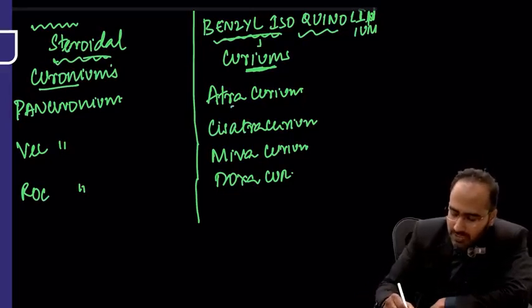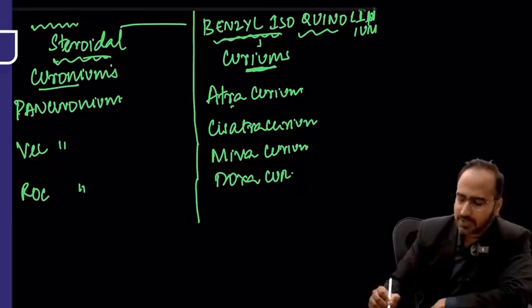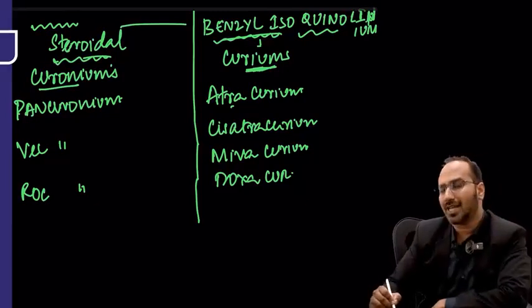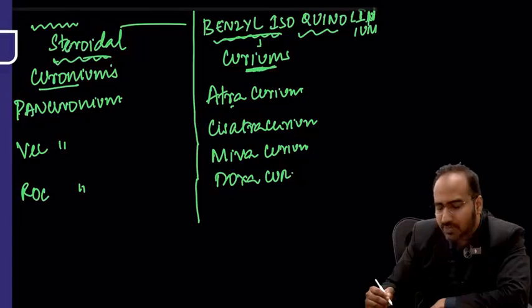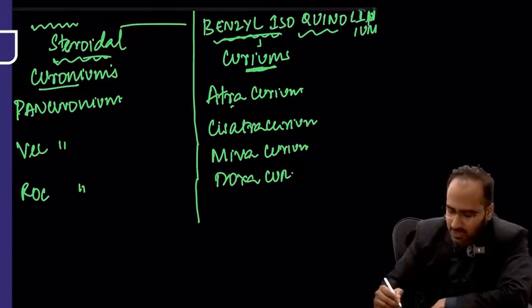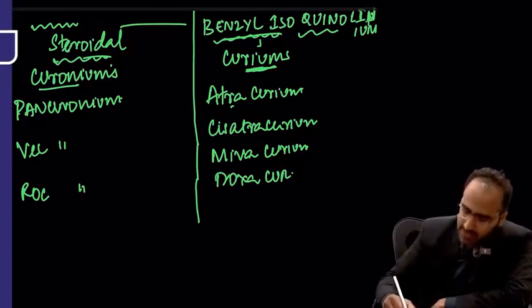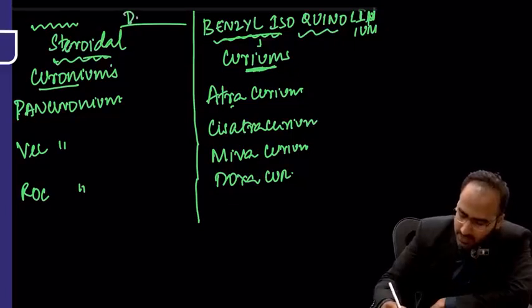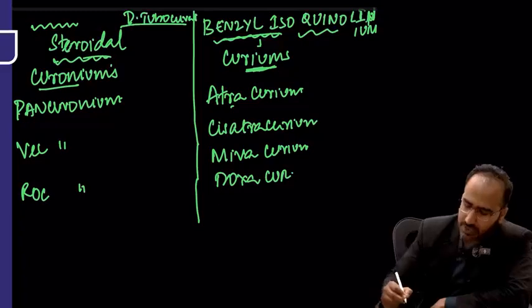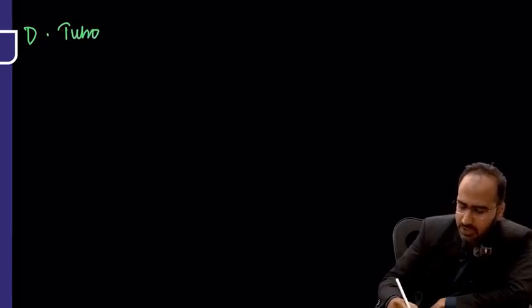But before the steroidal and benzylisoquinoliniums came, the first introduced muscle relaxant was D-tubocurare. The first introduced was what, guys? D-tubocurare. Right? So everyone look over here. The first introduced muscle relaxant was D-tubocurare.